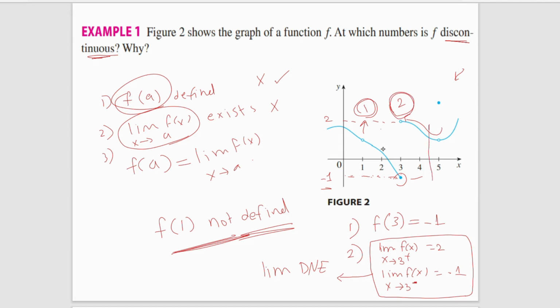The third one is this. Okay? At x equal to 5, again, I need to check the three conditions. The first condition, I need to find the value. What is the value of f of x at x is equal to 5?